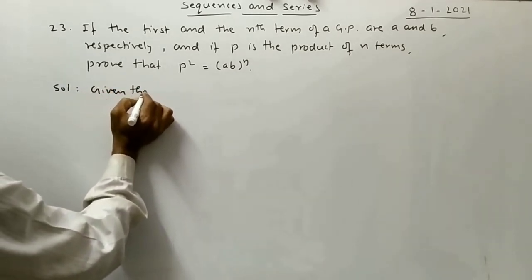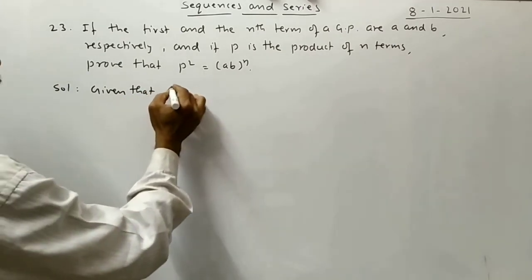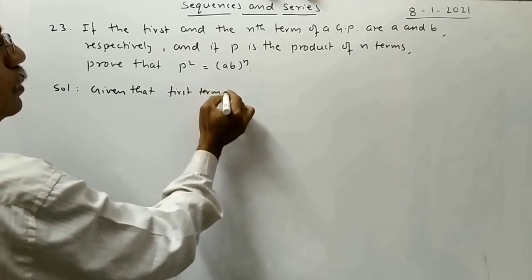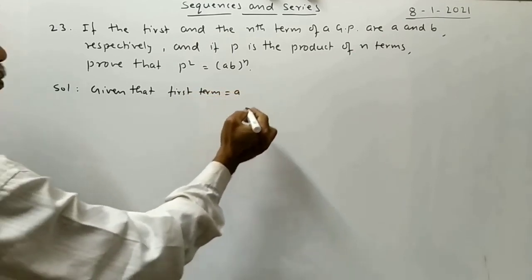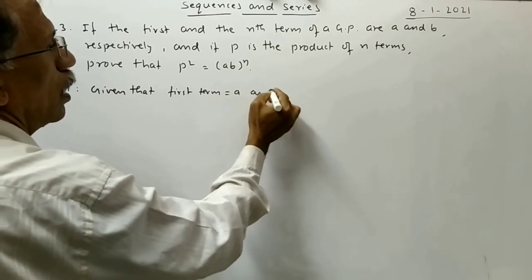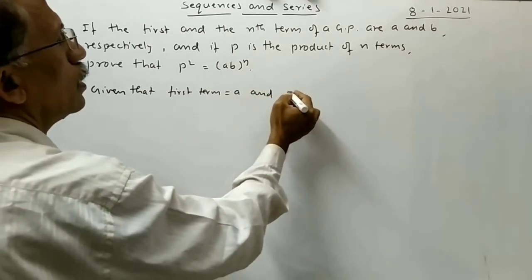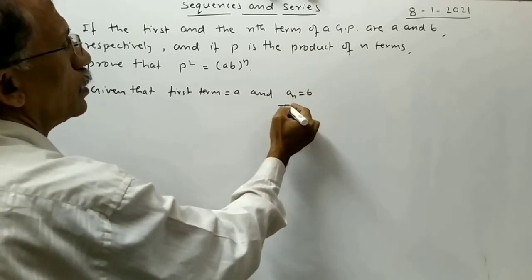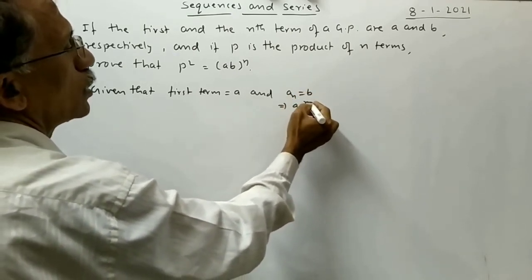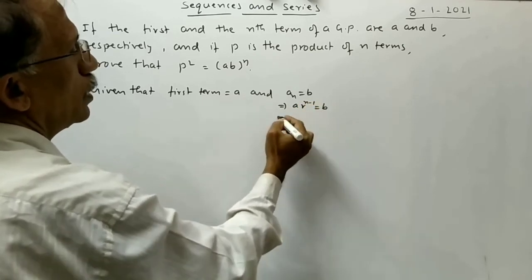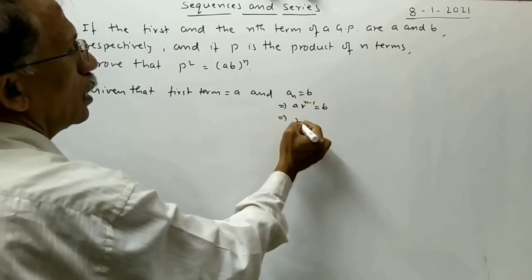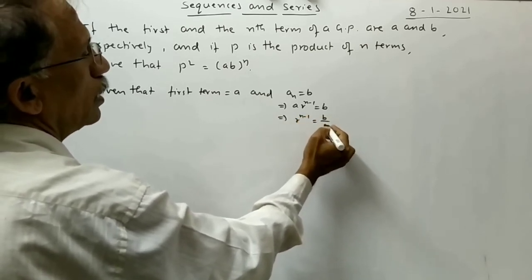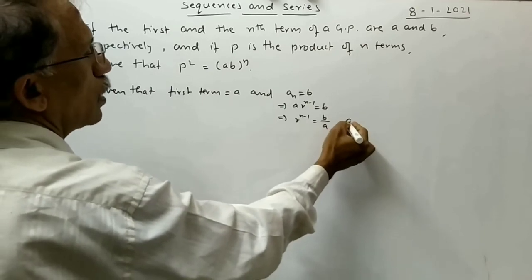Given that first term is equal to A and an is equal to B, this implies A into R raised to the power n minus 1 is equal to B, implies R raised to the power n minus 1 is equal to B by A. Say number 1.